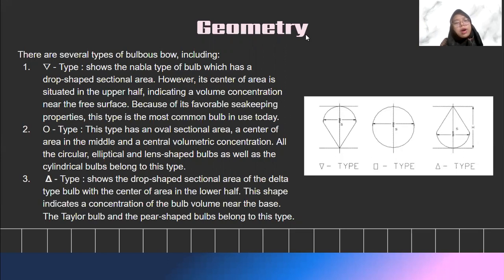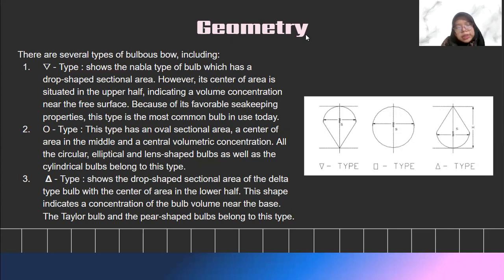And then the second one is the oval type. This type has an oval sectional area, a center of area in the middle, and a central volumetric concentration. All the circular, elliptical, and lens-shaped bulbs, as well as the cylindrical bulbs, belong to this type. And then the third one is the delta type.